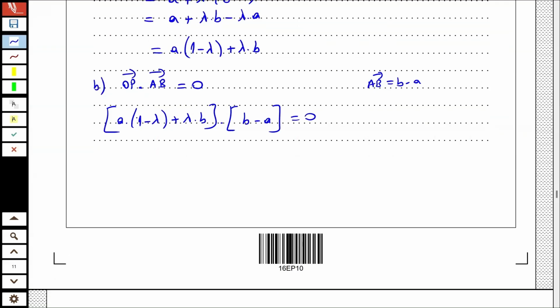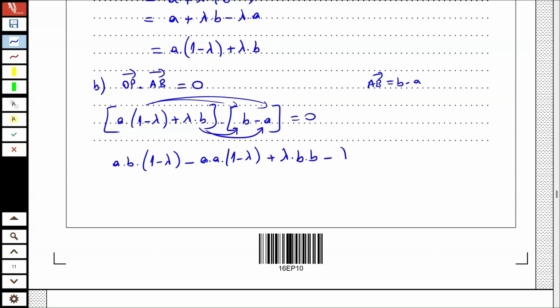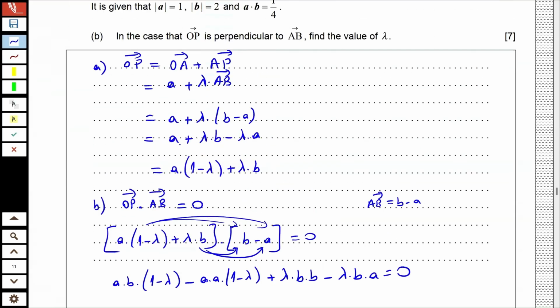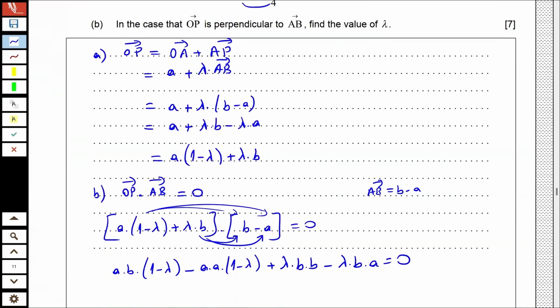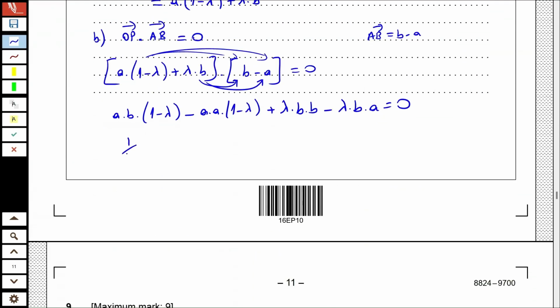So let's multiply it: first A dot B times (1 minus lambda), minus A dot A times (1 minus lambda), plus lambda times B dot B, minus lambda times B dot A, equals 0, right? In the question, it's given that A dot B is 1 over 4.